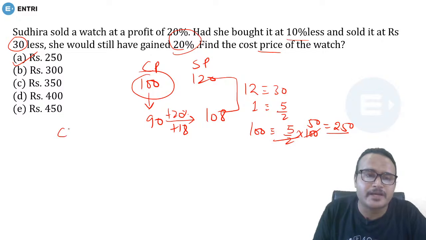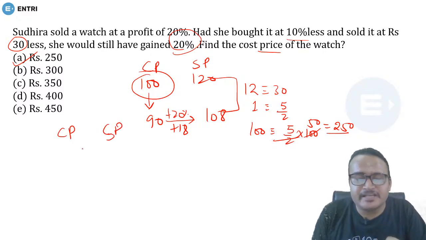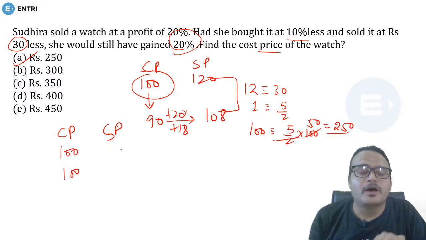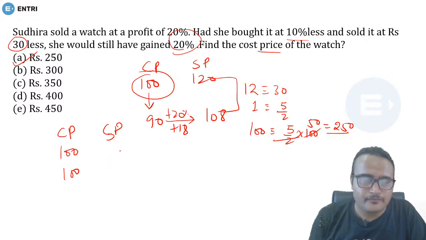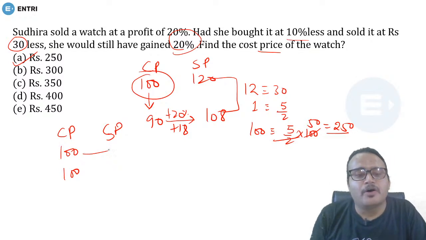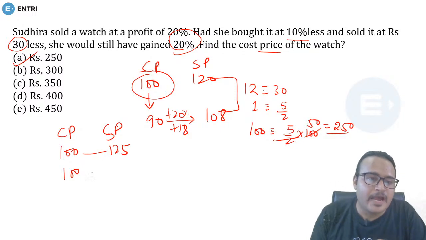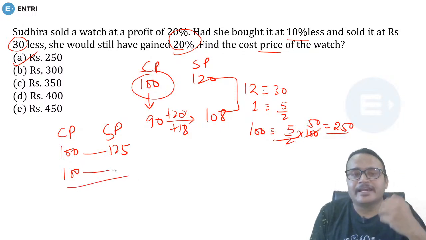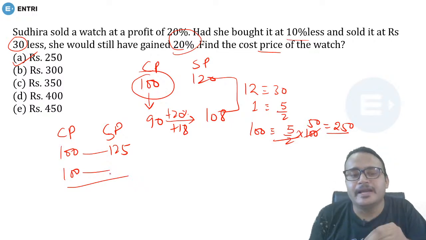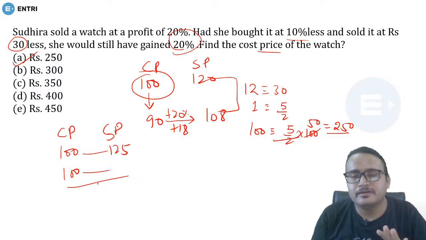Sometimes you also have a question like CP and SP. If CP is the same, 100 is 100. CP is the same for 2 articles for a shopkeeper, and for 1 article he earns a profit of 25%, that means 125. And in selling the second article, how much loss percent or profit percent will he get if he is getting an overall 50% profit?